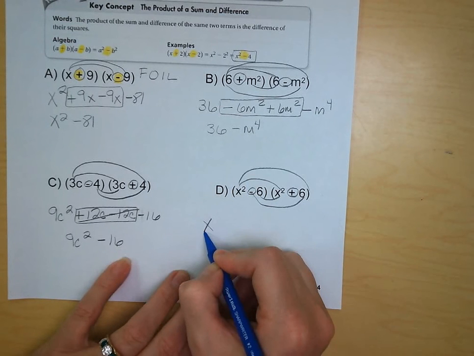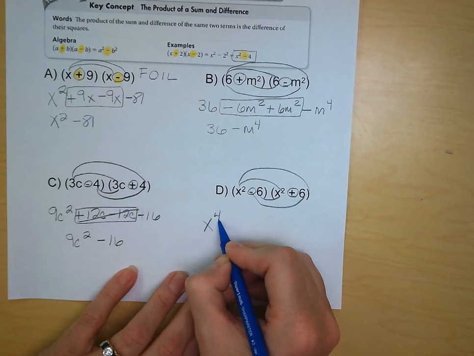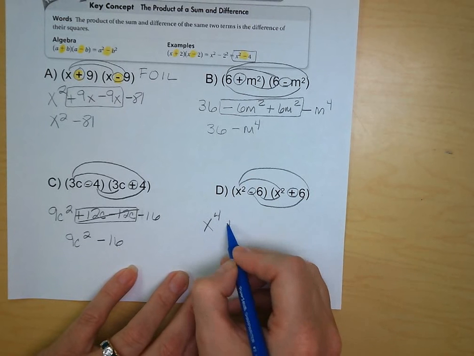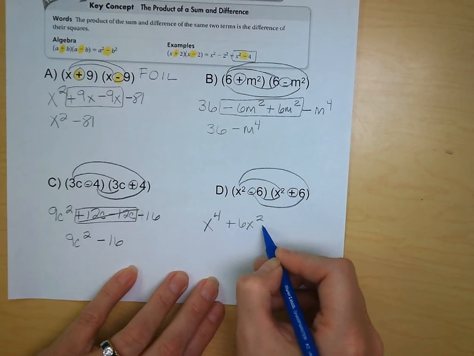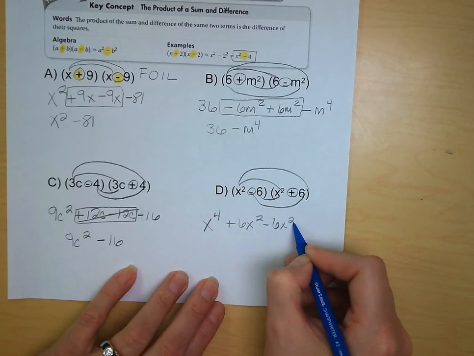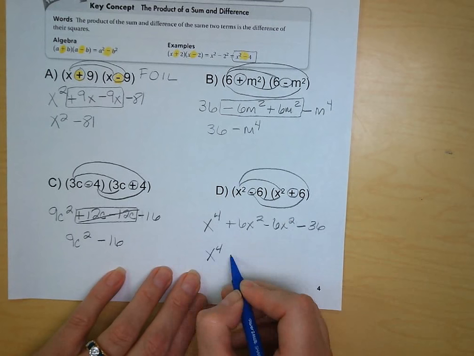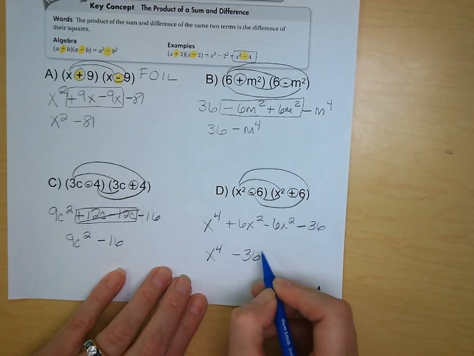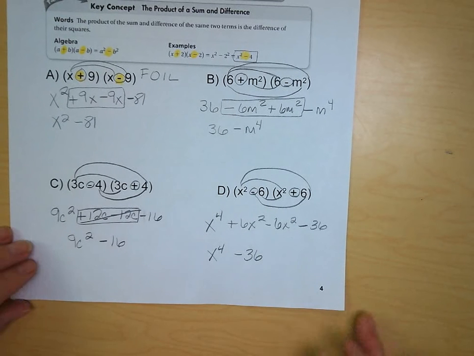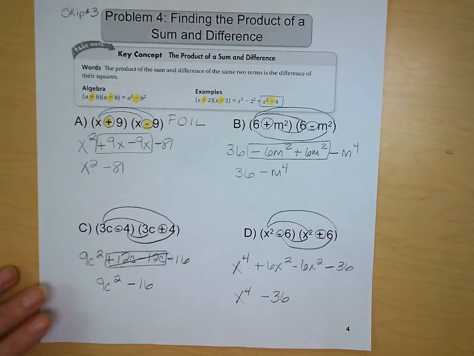X to the 4th power plus 6x squared minus 6x squared minus 36. Combine like terms, we have x to the 4th power minus 36. And that is our lesson for today.